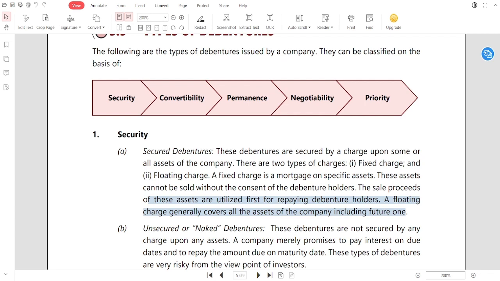And now the unsecured debenture. Let's say you have invested in an unsecured debenture, which does not have any security to repay back. Sometimes security is simply not there.